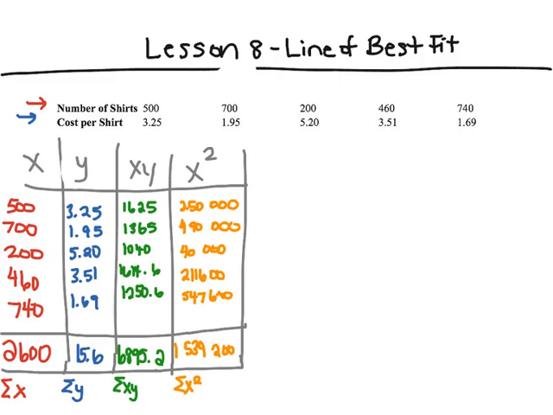So we're going to plug it into y equals ax plus b. So first we're going to find a, and for a the formula is the sum of y times the sum of x squared minus the sum, wait, I got this backwards.